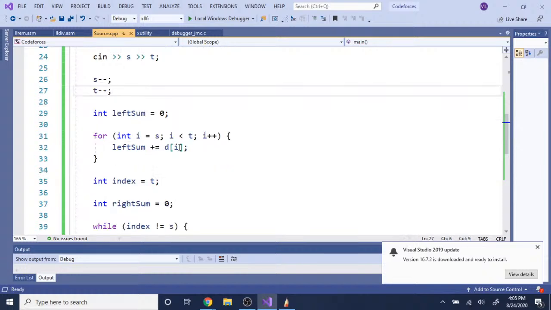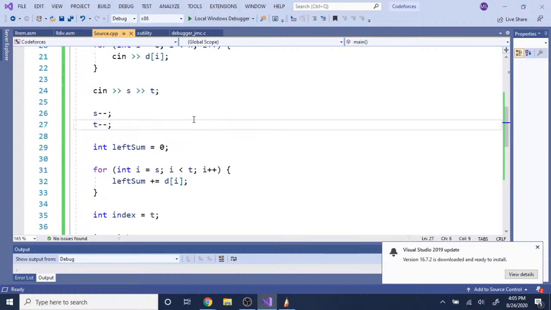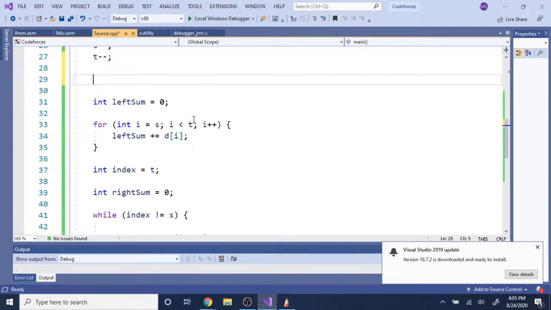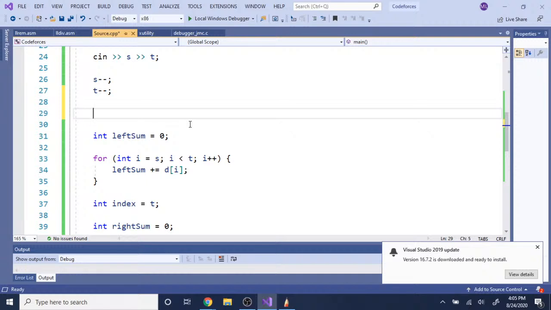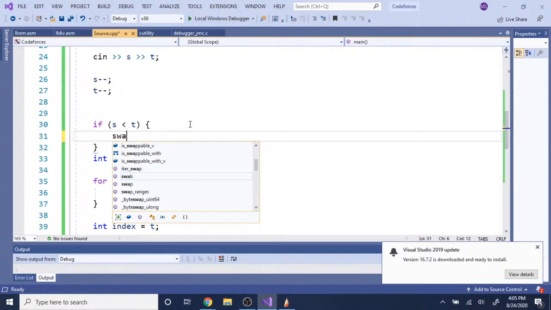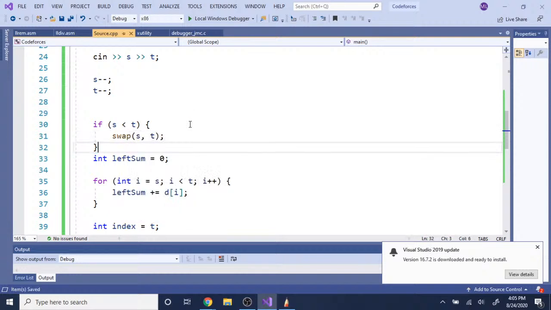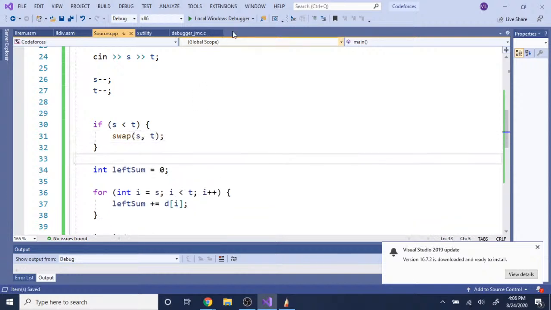So yeah, we need to swap s and t. So we start at the lower index and then go to the higher one. So let's see, if s is less than t, swap s and t. Yeah, that would be it.